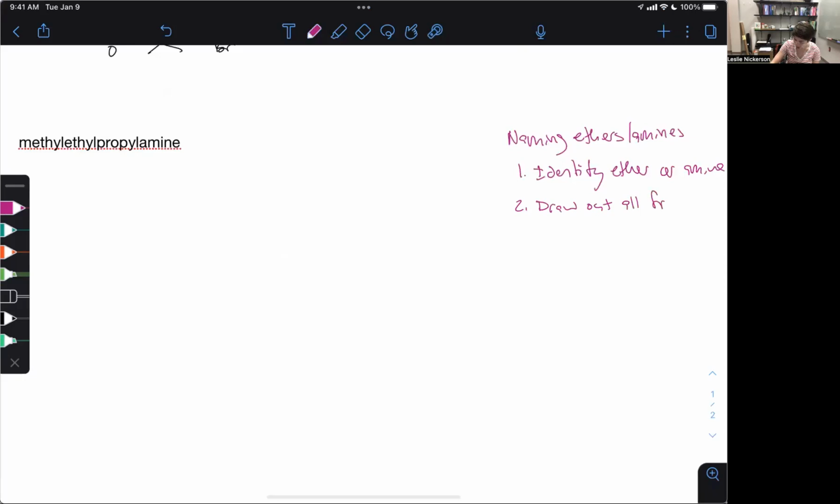We'll go with fragments. And then we need to combine the fragments onto O or N. Okay, so step one over here, identify ether or amine. We definitely have an amine.